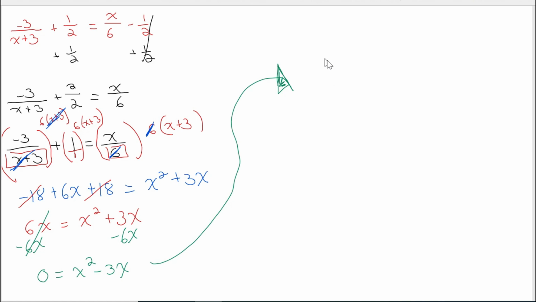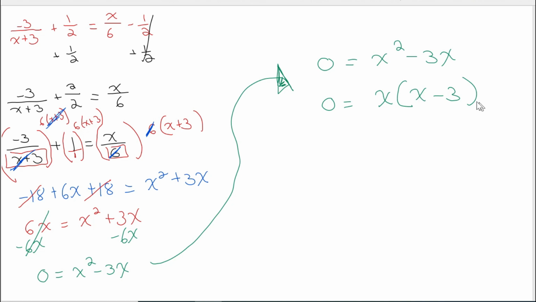So now, let's rewrite this problem so I see what I'm doing. x squared minus 3x. So what I'm going to do, I'm going to factor that x out. Can I factor x out? Yeah. I'm going to factor that x out. And then what's going to be inside the parentheses is going to be another x minus 3.